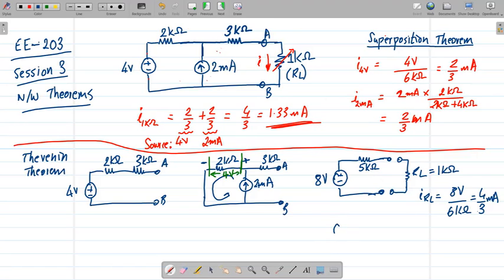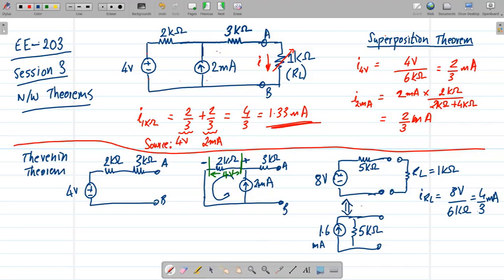8 divided by 5 is 1.6, not amperes, but milliamperes, because it's 5 kilo ohm. And there would be the 5 kilo ohm in parallel, right? So this is the Norton equivalent. What did I do in between here?